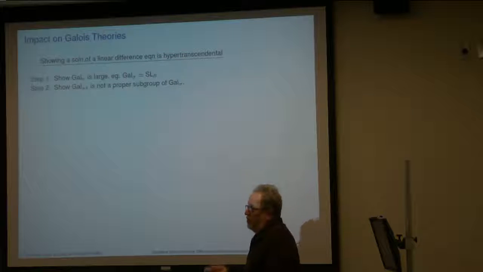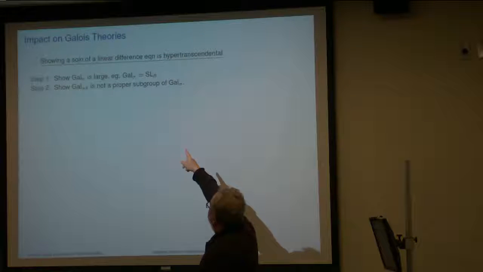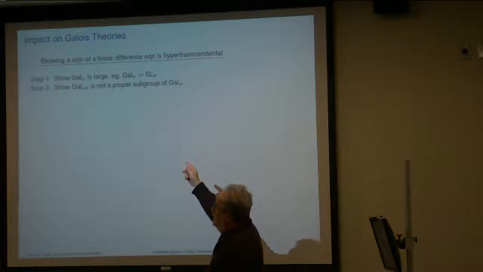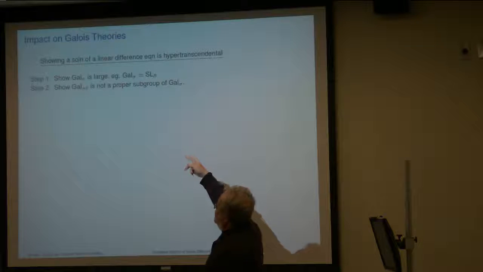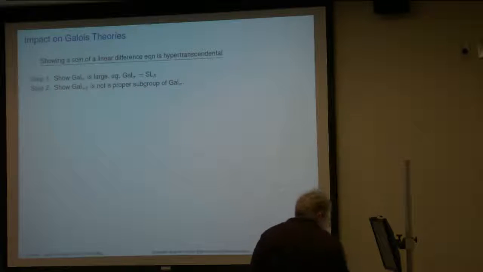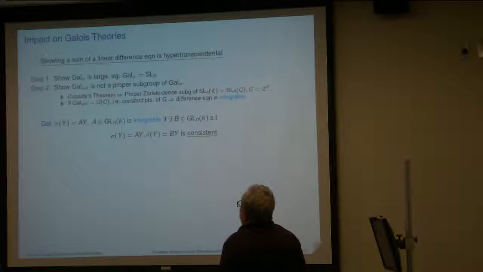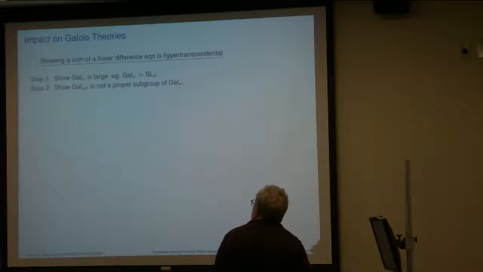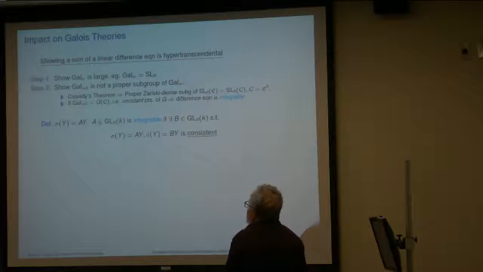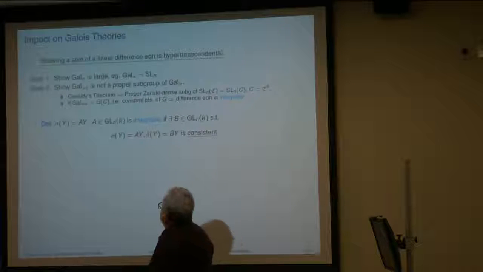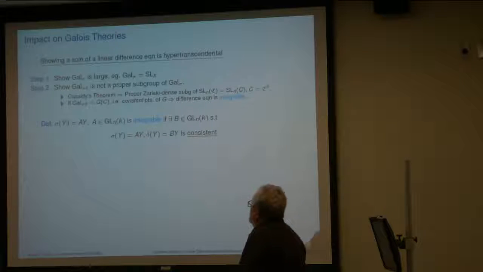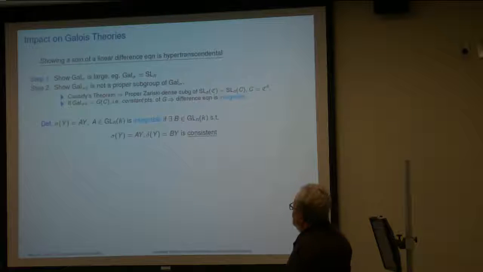It has to be large. SLN has dimension n, but it also has differential dimension n. So the Galois group will be very large, and that's that.